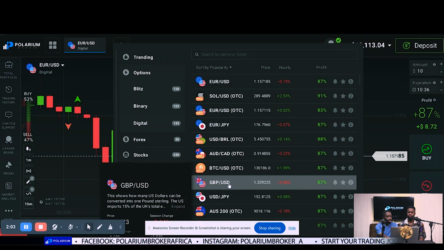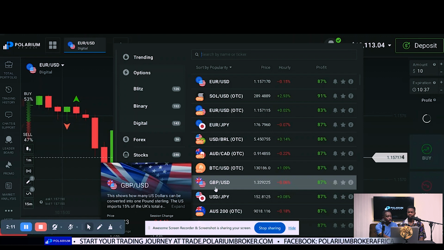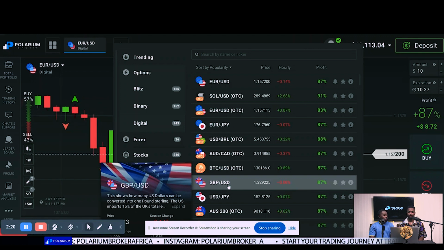This shows how many USD can be converted into £1 sterling. So it's telling us that 1.329225 USD is needed to get 1 Great Britain pound. That's basically what currency pairs are.